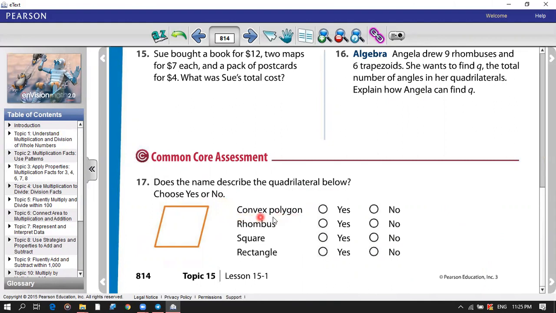We said that convex polygons are polygons where all of the angles are pointed outward. Does this polygon have all of its angles pointed outward? Yes, it does. So I will choose yes.